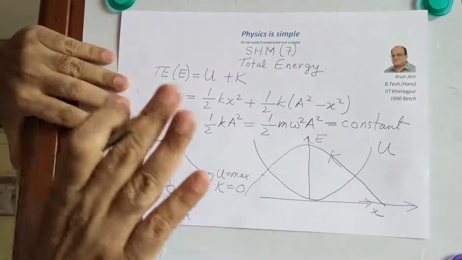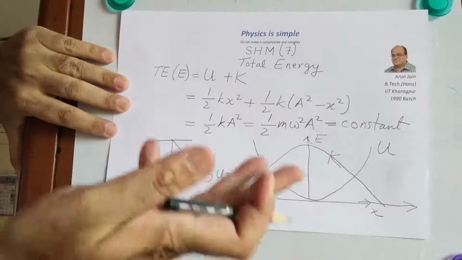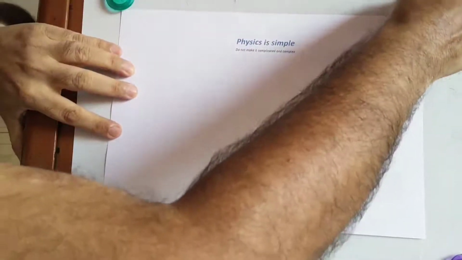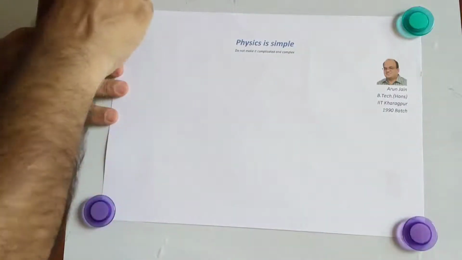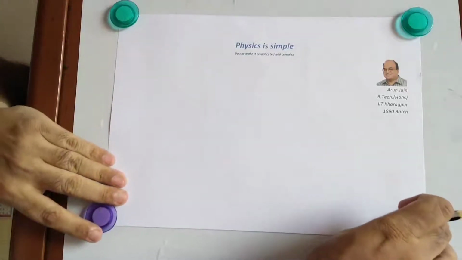So if you have the energy versus x graph, the graph does not depend on whether you have taken the SHM as x equal to a cos omega t or x equal to a sin omega t. In all cases, the potential energy graph will look like U and the kinetic energy graph will look inverted U.